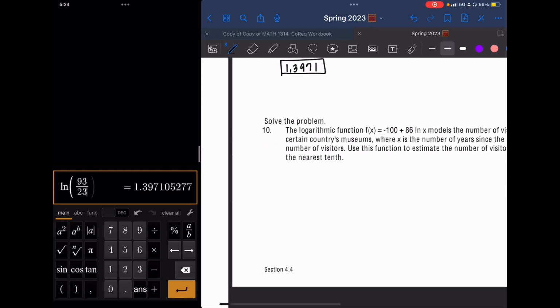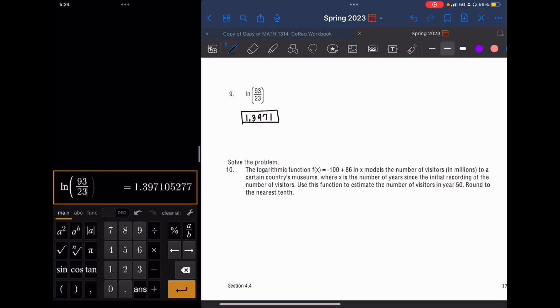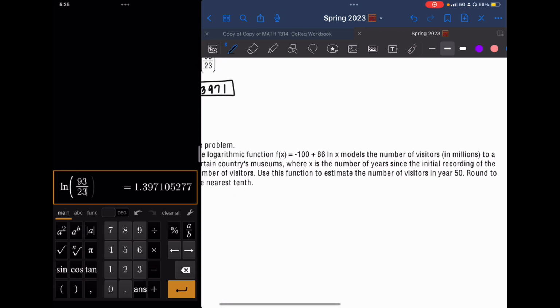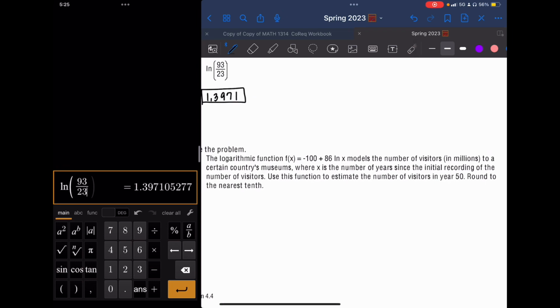And then you have number 10. The logarithmic function f of x equals negative 100 plus 86 ln x models the number of visitors in millions to a certain country's museums, where x is the number of years since the initial recording of the number of visitors.